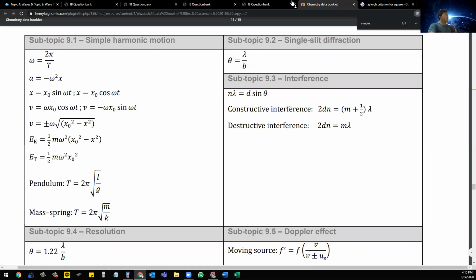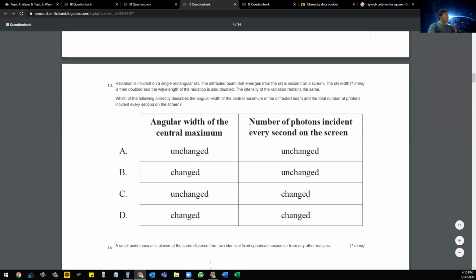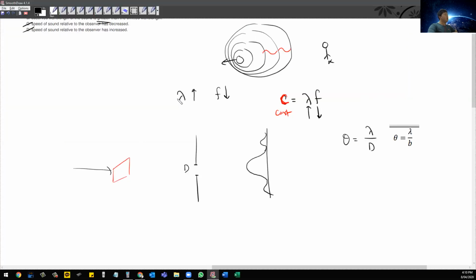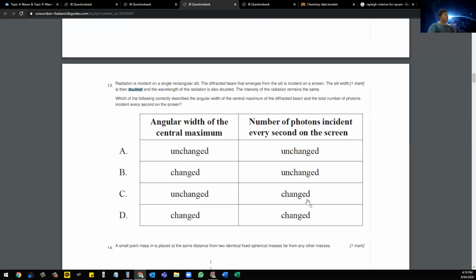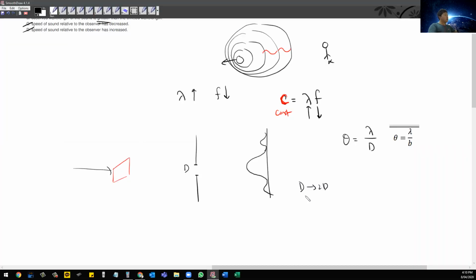What the question says is that there's light coming through, the slit width is doubled, so D is going to become 2D, and the wavelength of the radiation is also doubled, so lambda is going to become 2 lambda.